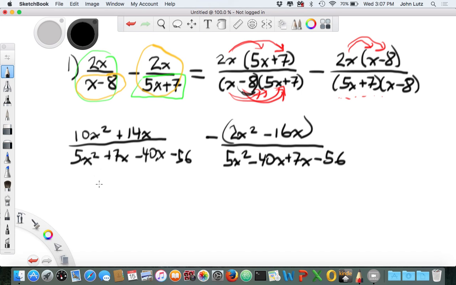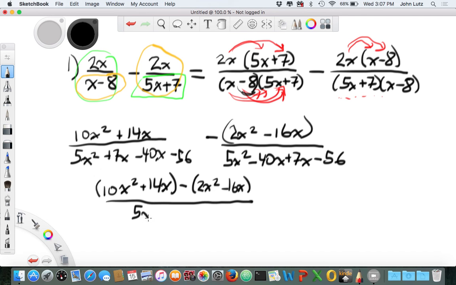So on the top we're going to have 10x squared plus 14x, minus 2x squared minus 16x, and on the bottom we're going to have 5x squared, and then when I combine these, I get minus 33x in both cases. So it ends up being the common denominator, minus 56. This and this, they are the same, common denominators. So now I can go ahead and do my subtraction.